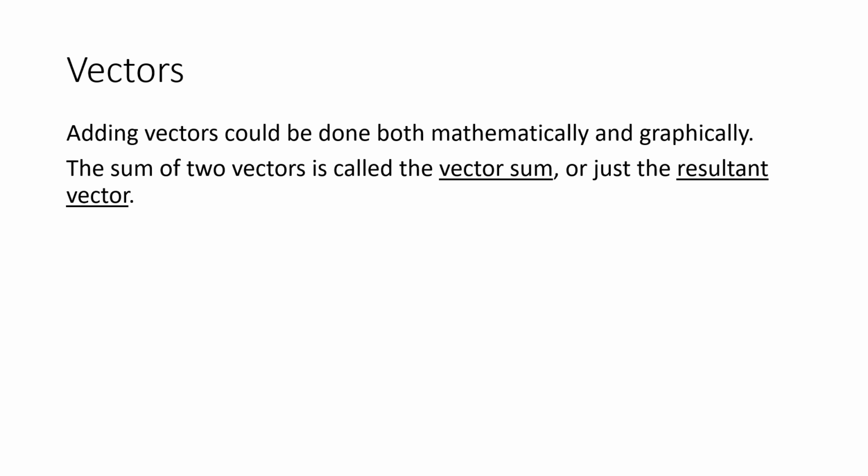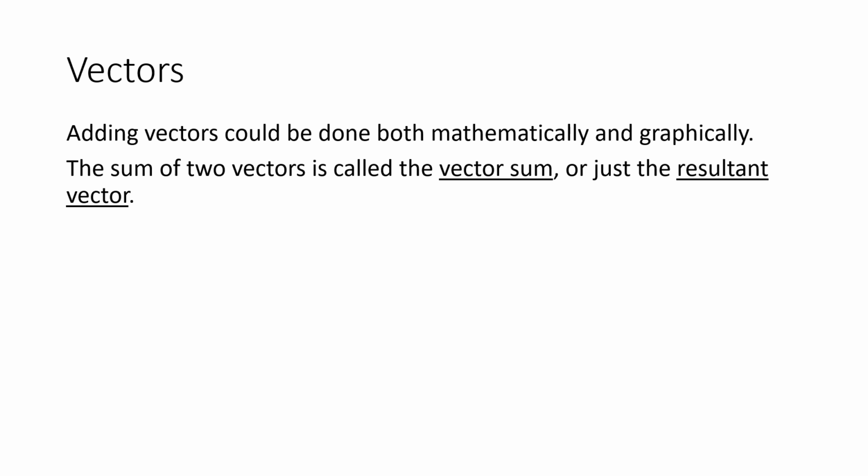So adding vectors, just like how you saw in that last example, you can do them mathematically, so you don't need any pictures at all, or if they're done well, you can do them graphically, just with the pictures. With that number line, you saw that those exact arrows were the same size.